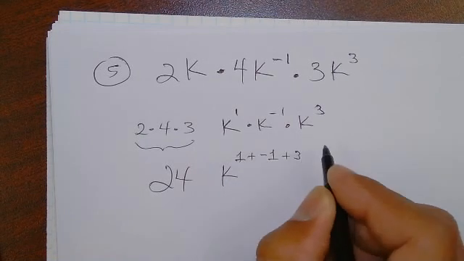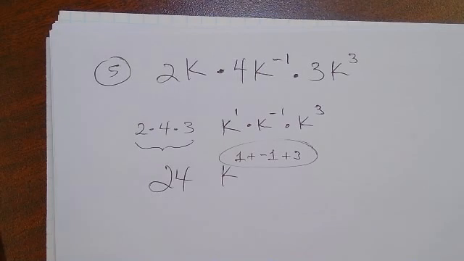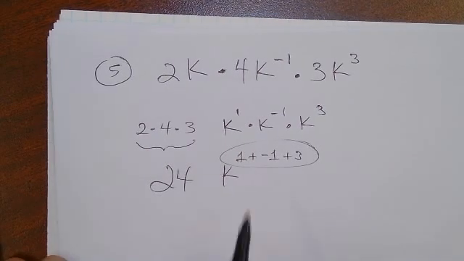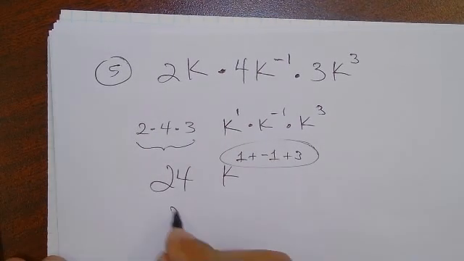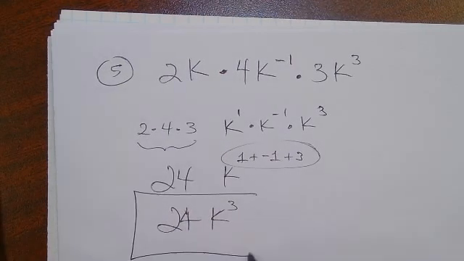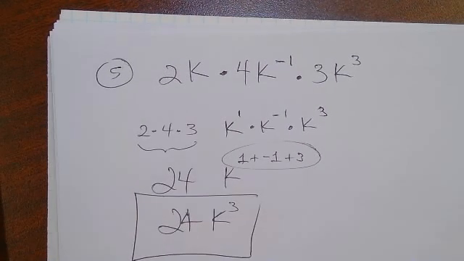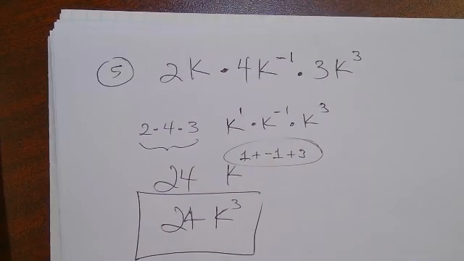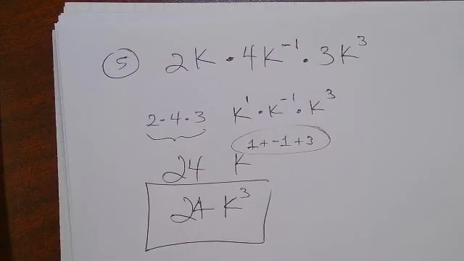When you multiply this, you get 24. And what is 1 plus negative 1 plus 3? Because that's what you're doing, right? These exponents have to add? Yeah, because this is 0. Yeah, that's right. So 24k cubed? That's the right answer. Yeah. Easy stuff. 24 karat gold.